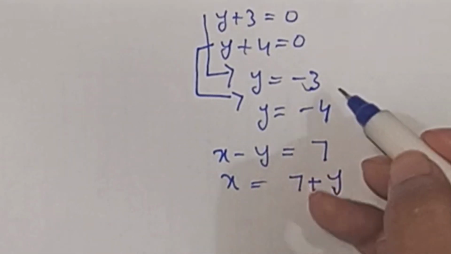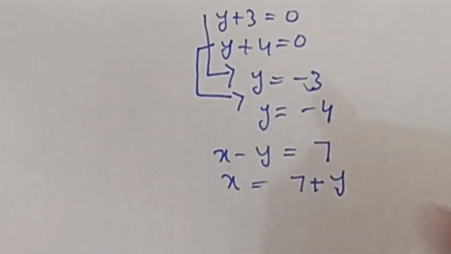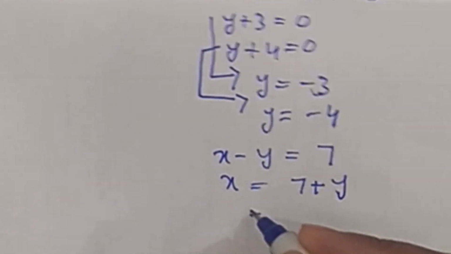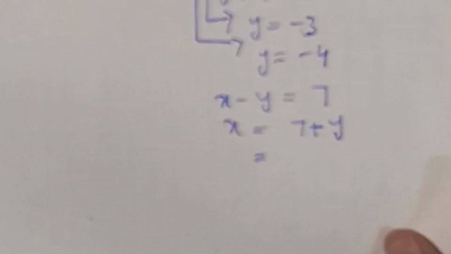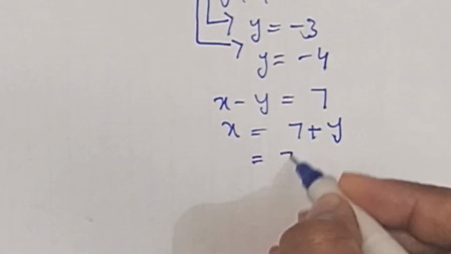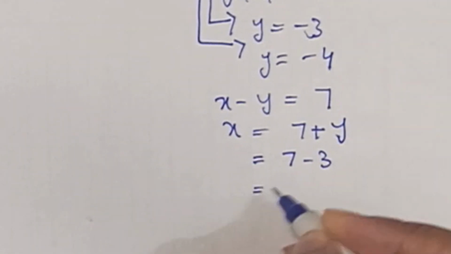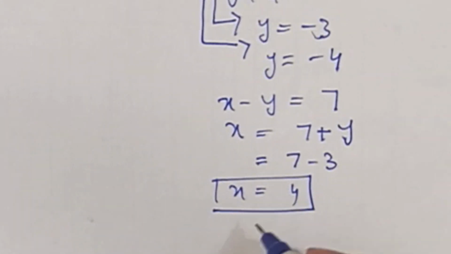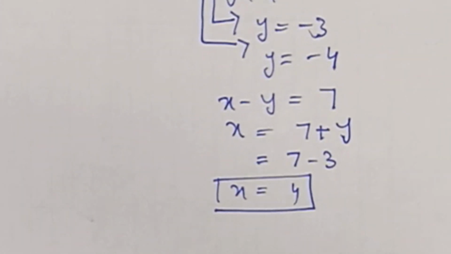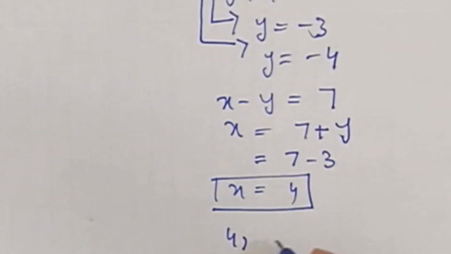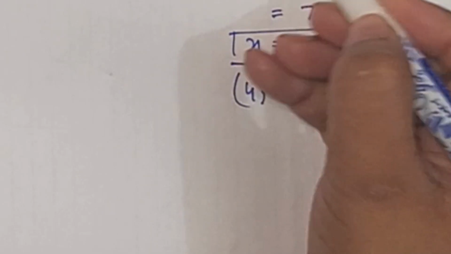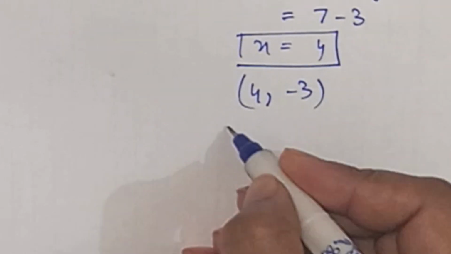First we substitute y is equal to minus 3, then this becomes 7 minus 3, which is equal to 4. So in the ordered pair, we write 4, then the value of y is minus 3. And if y is minus 4, then find the value of x.